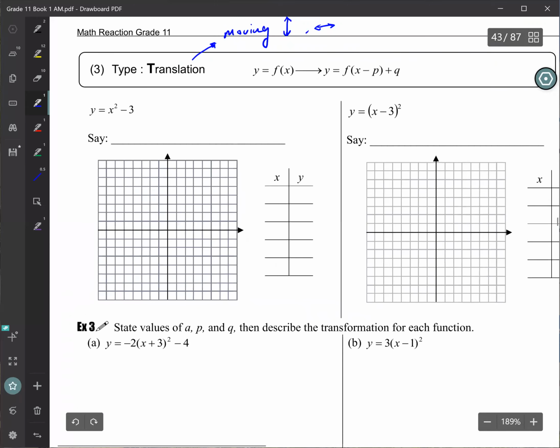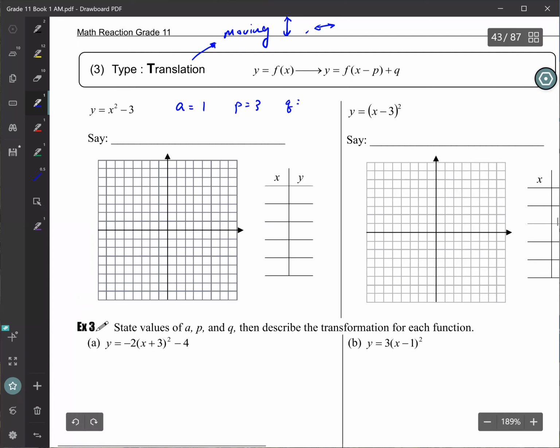We'll start with writing out the APQ, okay? Just like before. So think about what's the value for APQ here. Nathan, what do you think? What's the APQ for this one? A is 1. P is 3.